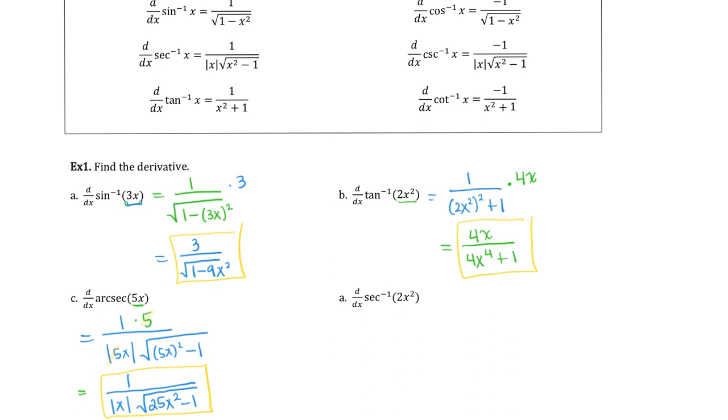Okay, one more derivative of inverse secant to show us the canceling situation. Okay, and we're doing chain rule again. So the derivative of inverse secant is 1 over the absolute value of 2x squared times the quantity squared minus 1, and then chain rule, I'm going to times 4x.